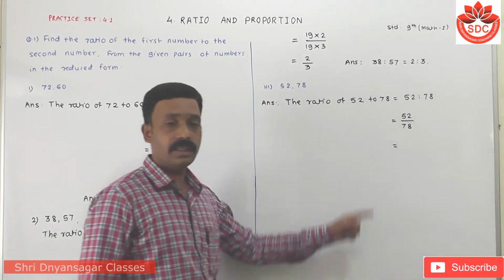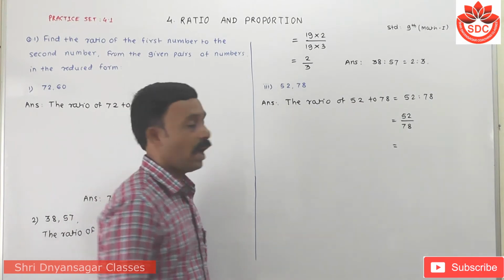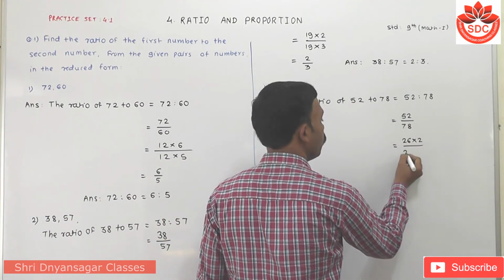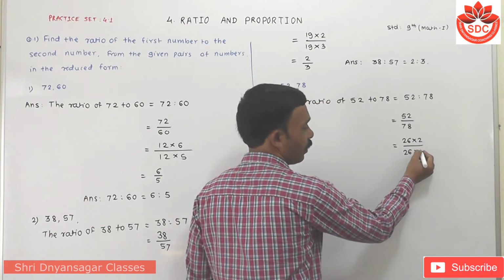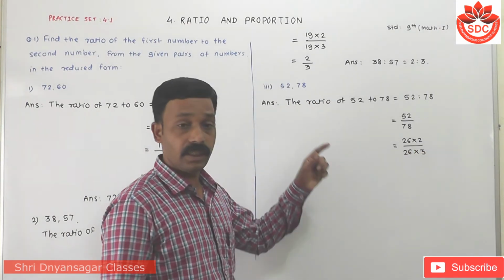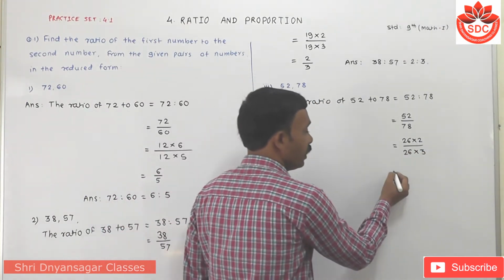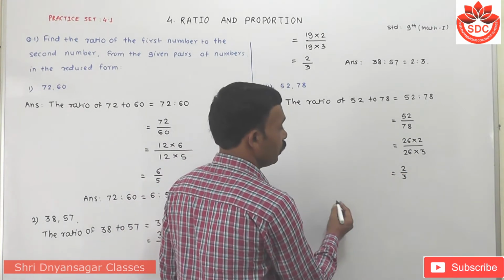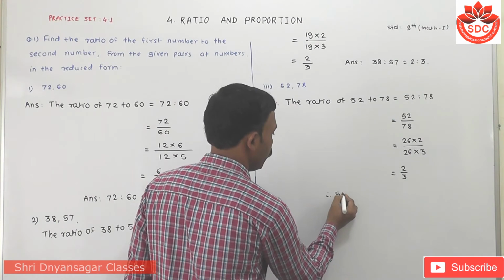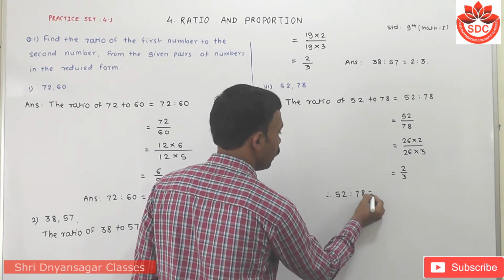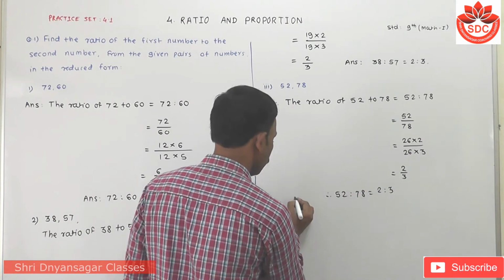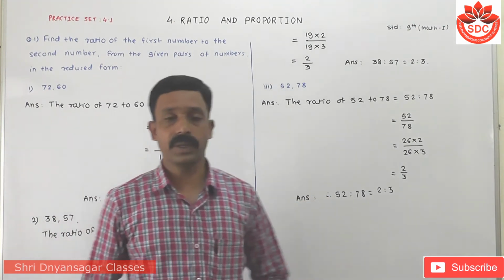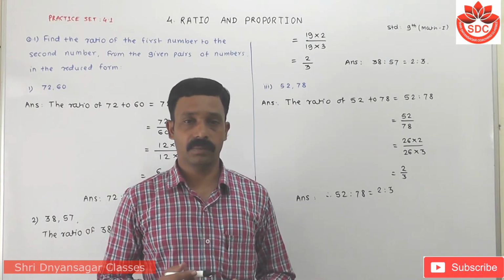Now 52 is 26 into 2 and 78 is 26 into how much? 3. Then 26 gets cancelled, so it is equal to 2 upon 3. So the ratio 52 as to 78 is equal to 2 as to 3, our answer in a full sentence. Okay, we take the second question. Question second.